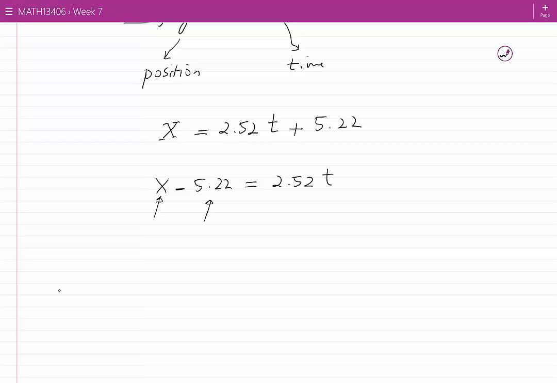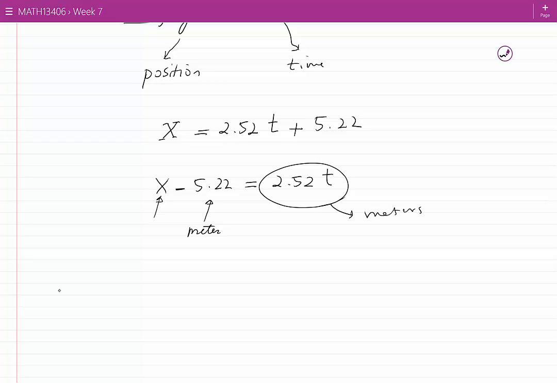X represents position, which is measured in meters in our problem. Therefore, 5.22 should have the units of meters. On the right hand side of the equation, we should have meters as well, because on the left hand side of the equation we have meters. Therefore, the unit of 2.52t must be meters.